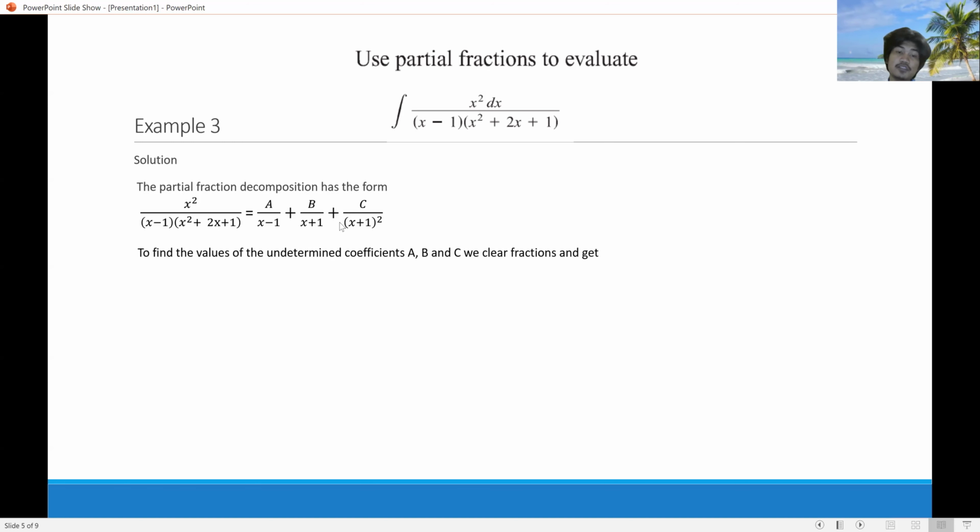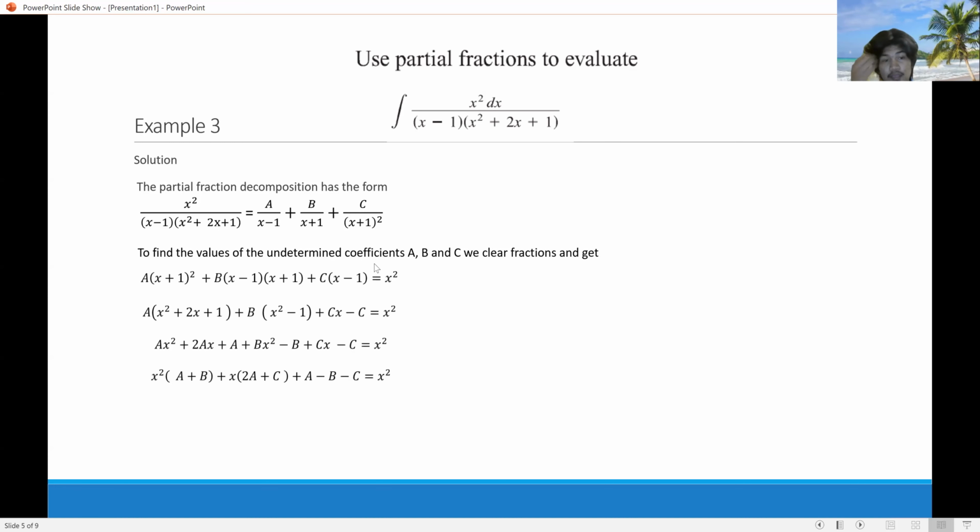And then to find the values A, B, C, we need to clear the fraction, and we get A times (x squared plus 2x plus 1) plus B times (x minus 1)(x plus 1) plus C times (x minus 1) is equal to x squared.